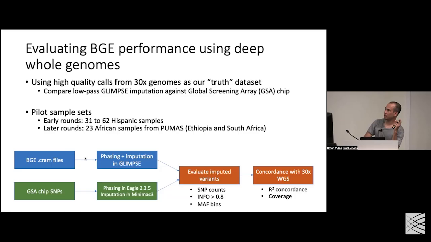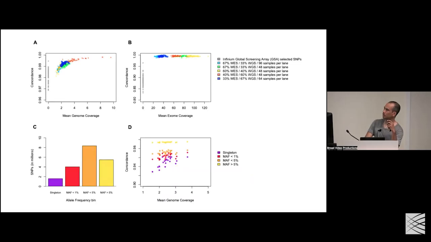Basically, what I was comparing is taking these read files, phasing and imputation with GLIMPSE, comparing to what we would see in GSA, running concordance with these 30x whole genomes as our quote unquote truth data set, and making sure we see pretty strong concordance there.